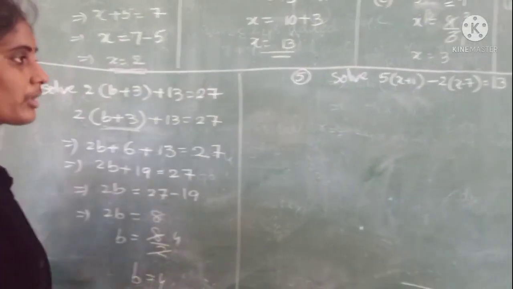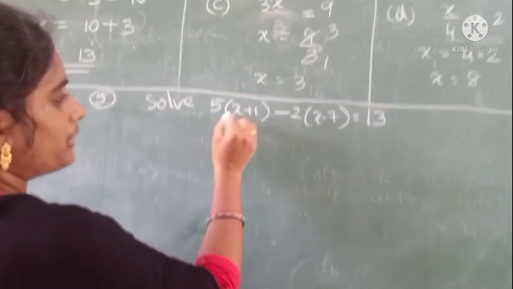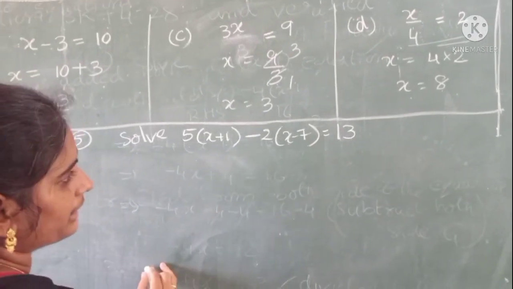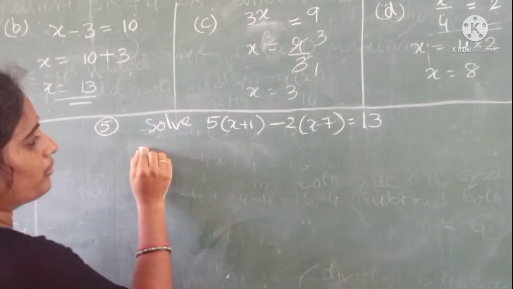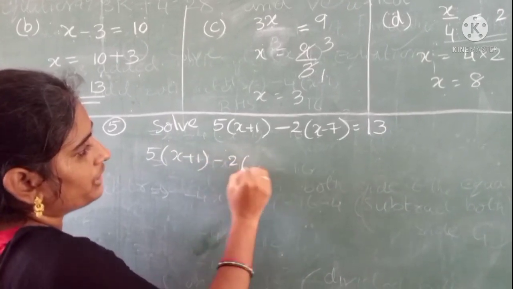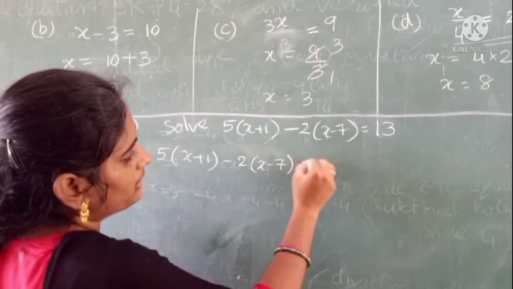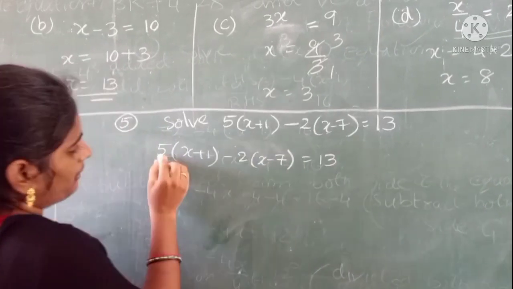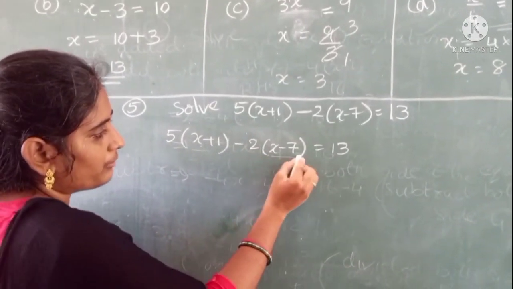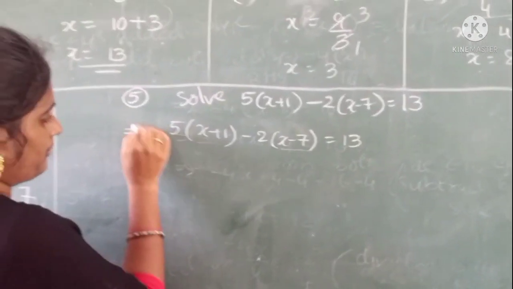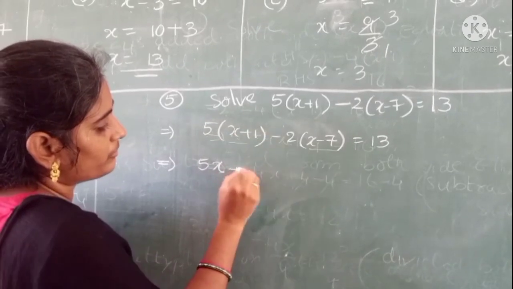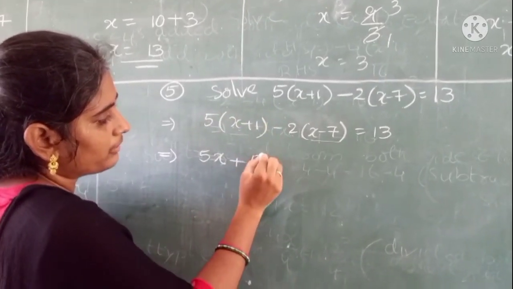Another problem. Solve 5 into x plus 1 minus 2 into x minus 7 equals 13. 5 is multiplied by both x and 1, minus 2 is multiplied by both x and minus 7. 5 into x, 5x, 5 into 1, 5.